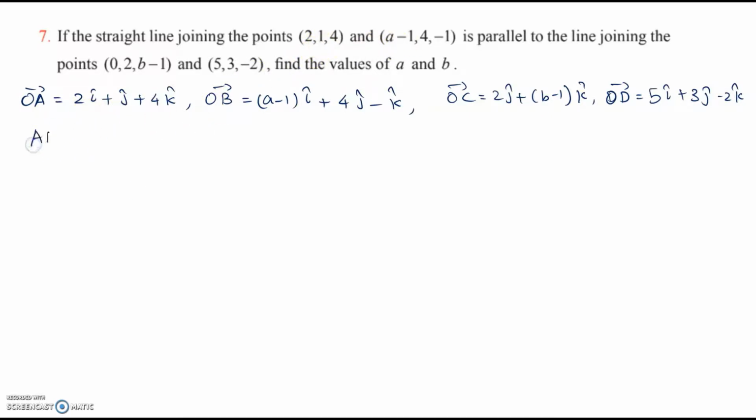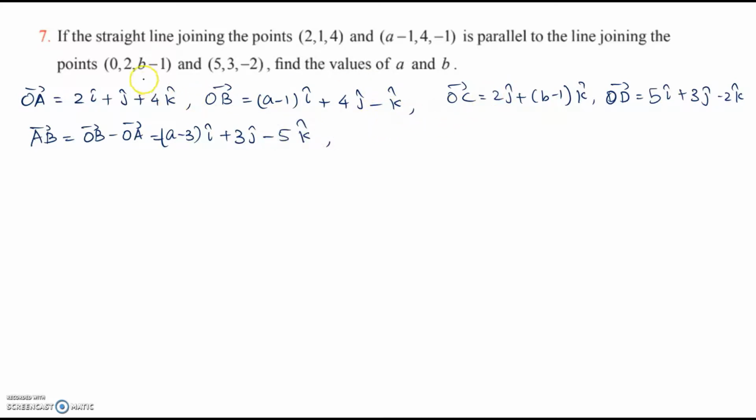So vector AB will be equal to vector OB minus vector OA. You will get a minus 1 minus 2 will be a minus 3 i cap, 4 minus 1 will be plus 3 j cap, minus 1 minus 4 will be minus 5 k cap.